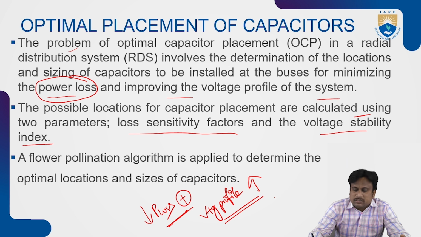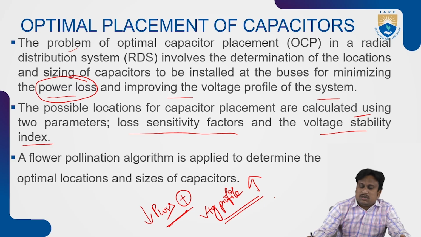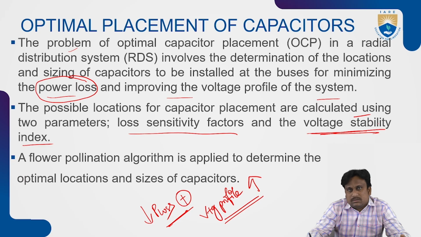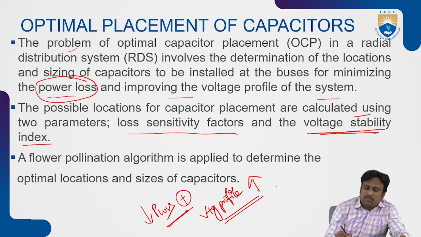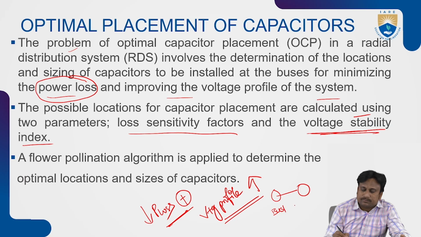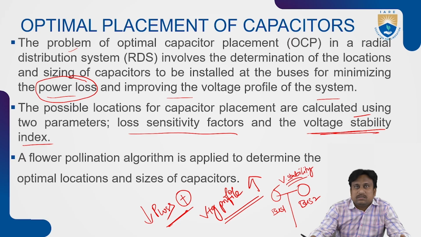Also the voltage stability index has to be considered for the optimal placement of the capacitors. How is the voltage stability on a particular line or at each respective bus, say bus 1, bus 2, and so on? At any bus, what is the voltage stability?